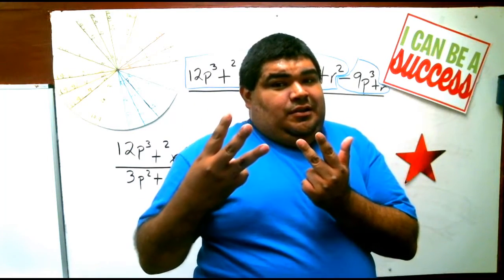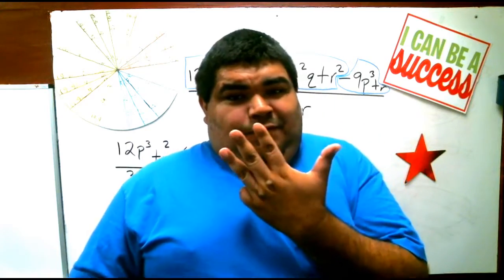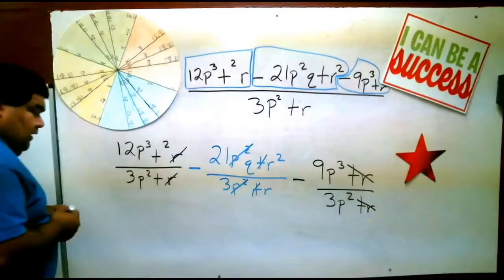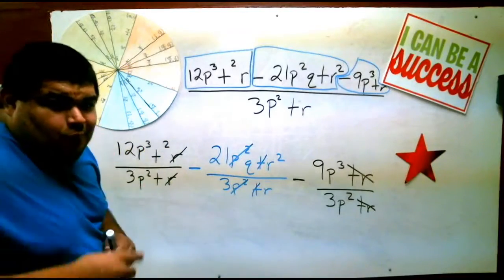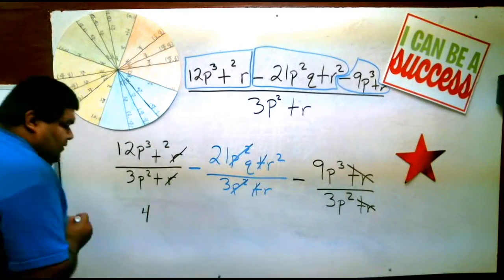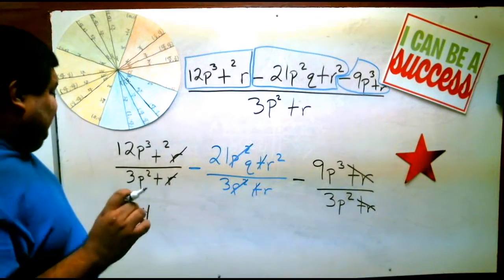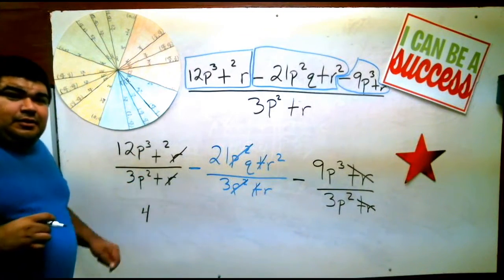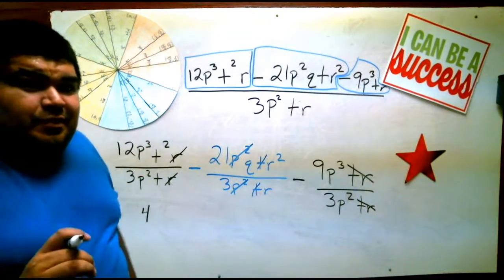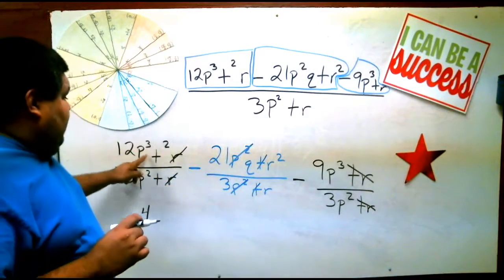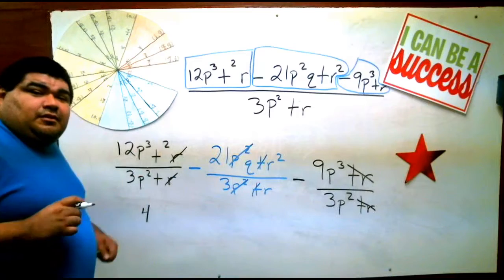And then another 3, that's 12, which is 4. So 3 can go into 12 4 times. So we have 4. Notice that we have p cubed and p squared. If you remember from one of the previous videos, when that happens, you subtract the exponents.